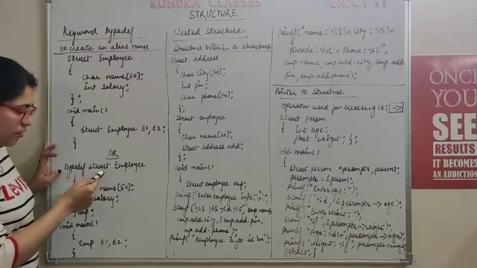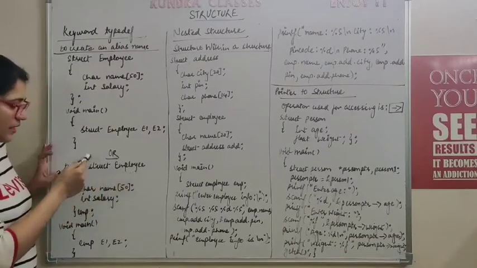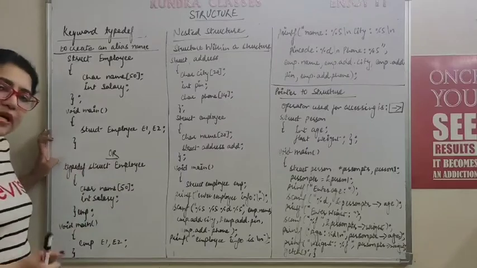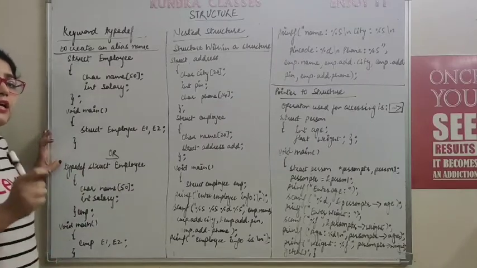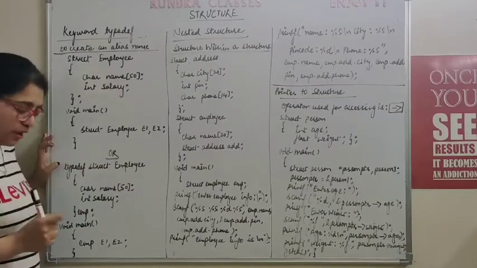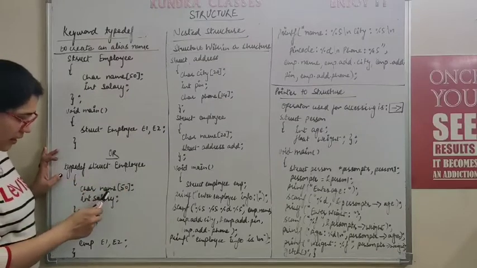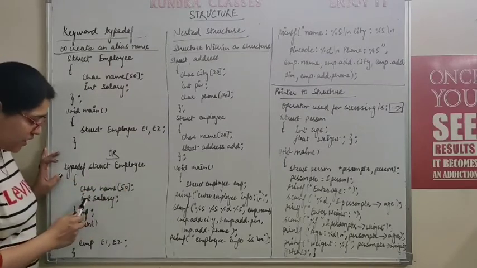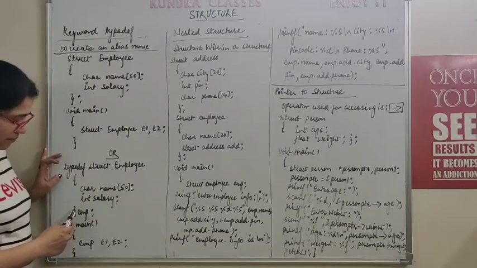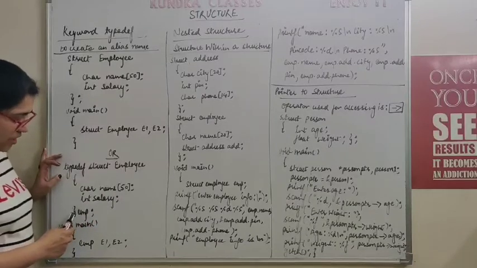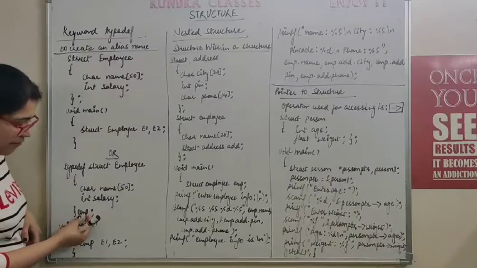Typedef struct employee. Once you define the type of struct, it will be easier for you to create the variables of structure. Typedef struct employee, char name[50], size is 50, int salary, and closing brace. After the closing brace, I have mentioned one name.